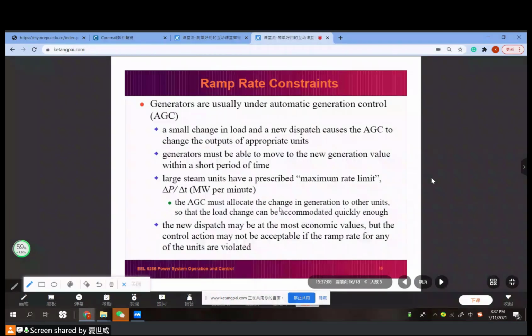Okay. The AGC must allocate the change in generation to other units, so the load can be accommodated quickly enough. In the previous economic dispatch, we did not consider this. We only considered the minimum and maximum range. We did not consider the ramp rate. Okay. So the new dispatch may be at the most economic values, but the control action may not be acceptable if the ramp rate for any of the units is violated.